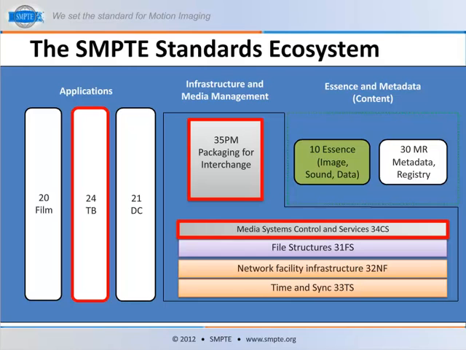In the case of the 20F committee, conventional film; 24TB, television and broadband distribution; and 21DC, digital cinema distribution. So these committees deal with standards and practices relevant to those particular distribution mechanisms.